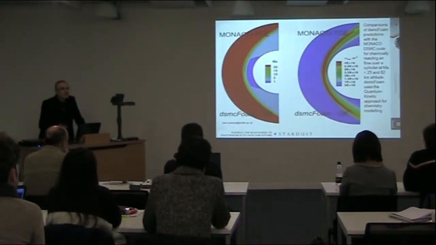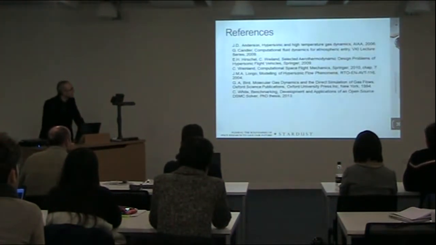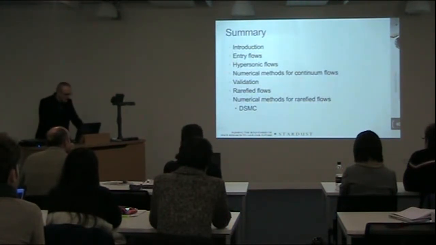For the validation of the code, what has been done is to use test cases and compare the results with existing and already validated codes, which is the Monaco code there. And these are references.